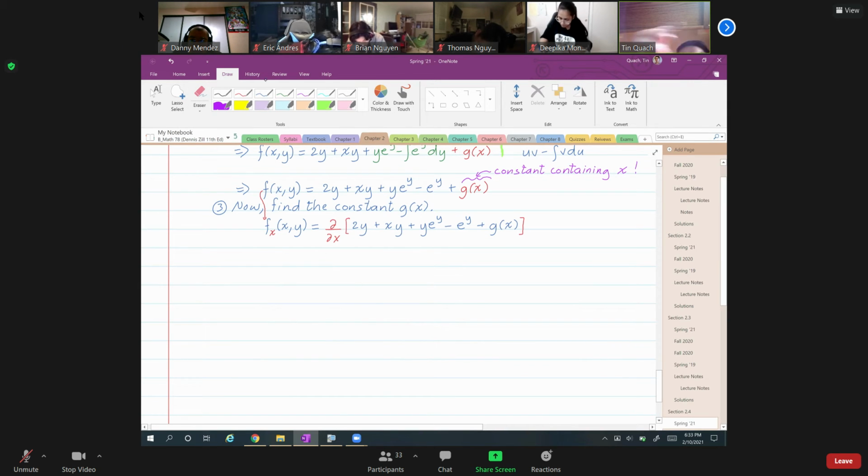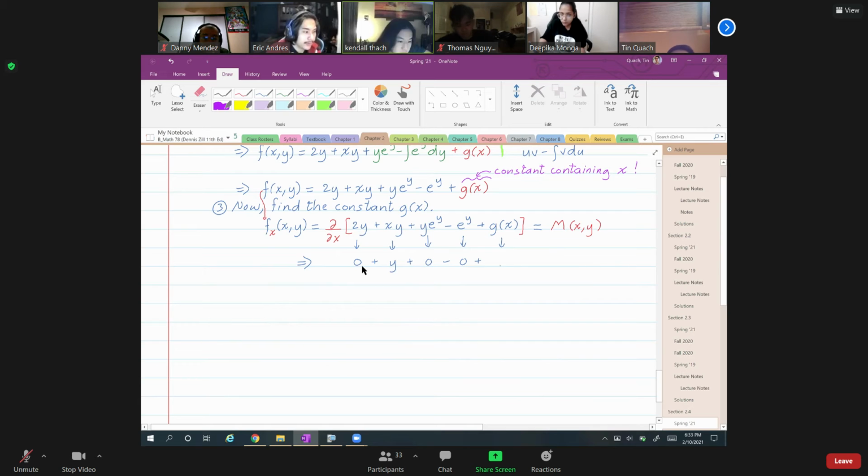So whatever we have here must be m of xy, because m of xy is f sub x. Now let's do this. That gives you 0. That gives you y. 0 minus 0. 0 plus, how about this one?